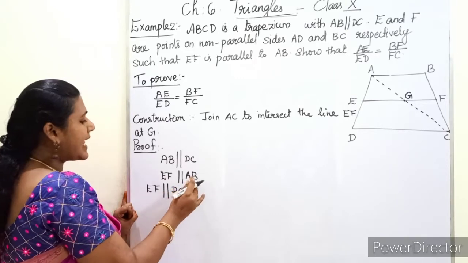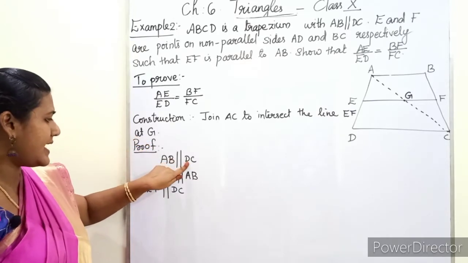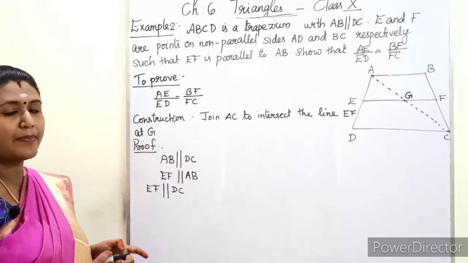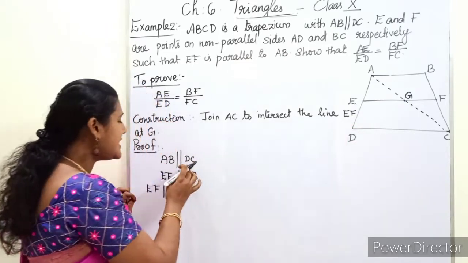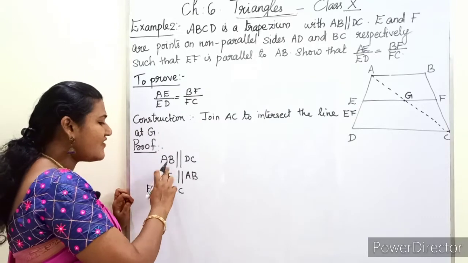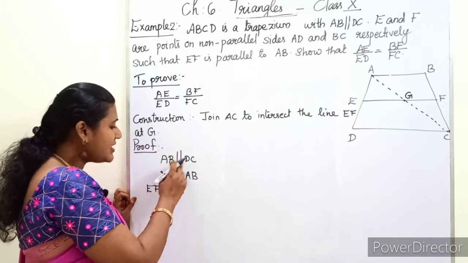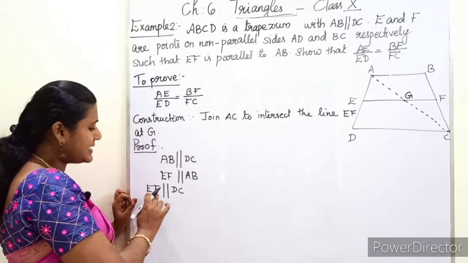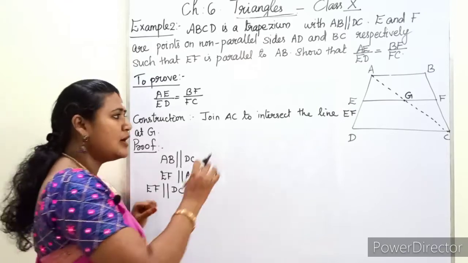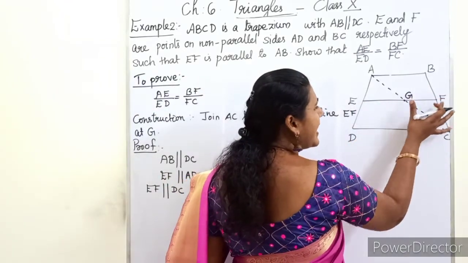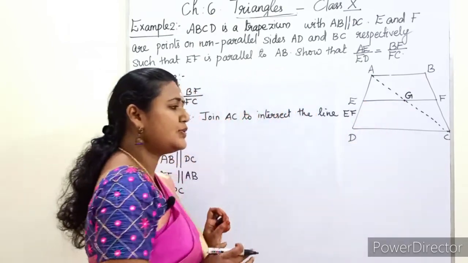Because if two lines are parallel to the same line, then these two lines are parallel to each other. Here the line CD is parallel to AB and EF is also parallel to AB. So AB is the same line here. Then we can say that the other two lines are parallel to each other, that is EF is parallel to DC. So we can say EG is also parallel to DC.